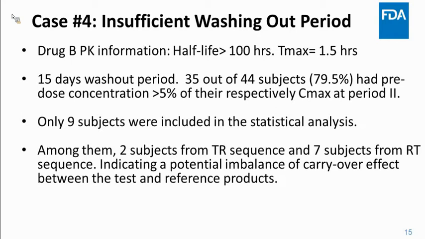The applicant chose 15 days as a washout period. 43 out of 44 subjects had pre-dose concentration in period 2. Among them, 35 subjects had a pre-dose concentration greater than 5% of their respective C maxima at period 2.